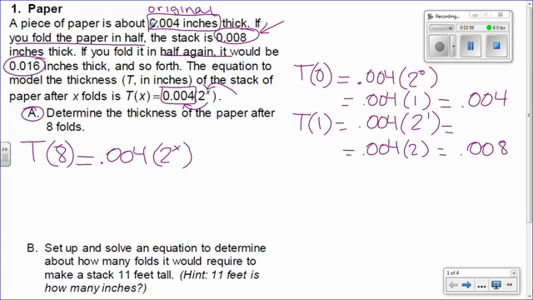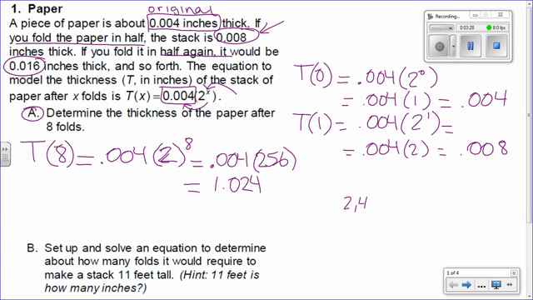And since it's t of 8, I'm going to substitute my exponent with the number 8. This will be 0.004 times 2 to the 8th power. I'm not sure what it is. Let's see. 256? Thank you, Simone. And so we'll go ahead and multiply that times 0.004. What do we get? 1.024.